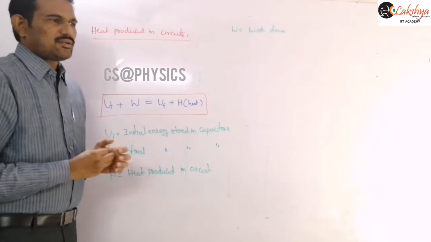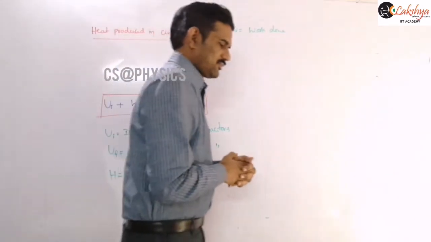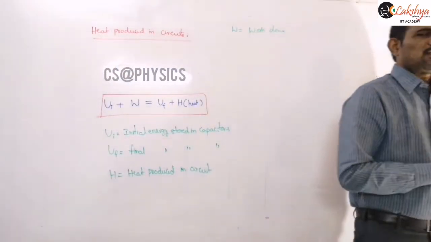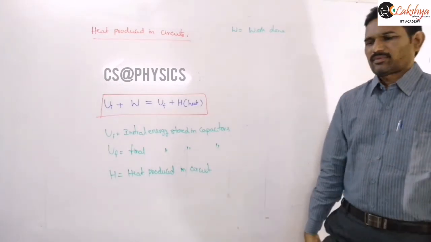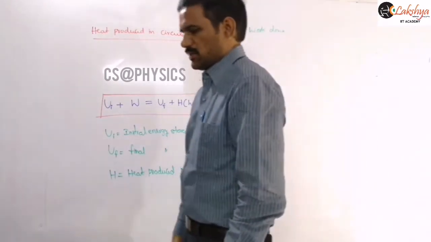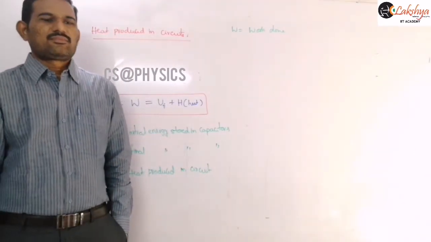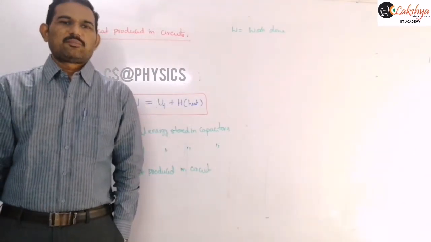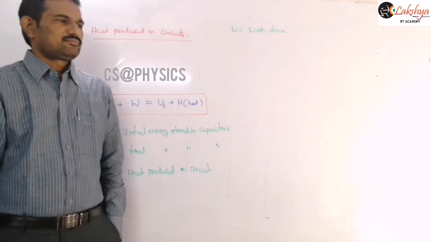So here work done represents both work done by the external agent and work done by the battery.